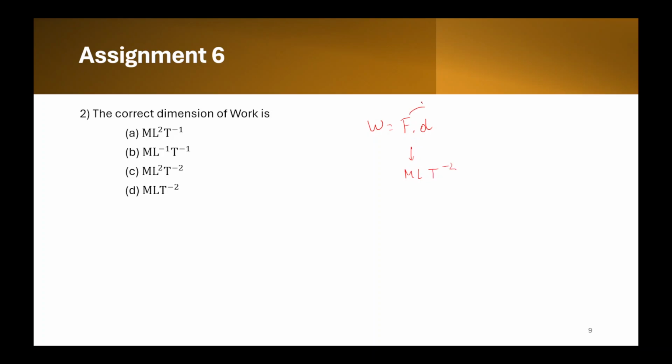How do we get that? Force is mass into acceleration. Mass will be M, acceleration will be distance upon time squared, so L T minus 2. That is how we get it. And distance is basically L. So the dimension for W is M L squared T minus 2. So the correct option here is C.